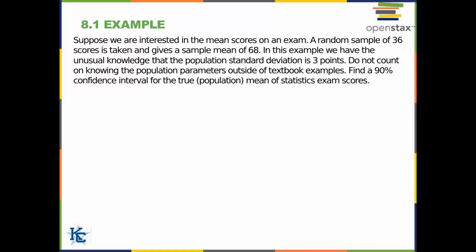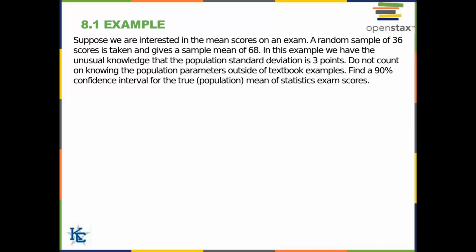The second is going to be confidence intervals when we do not know the population standard deviation and instead use the sample standard deviation divided by the square root of the sample size as our estimate. And then we'll be using it when we're looking at problems that contain percentages.